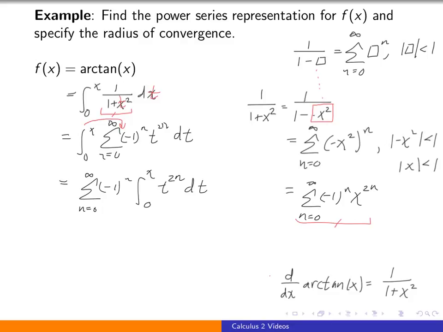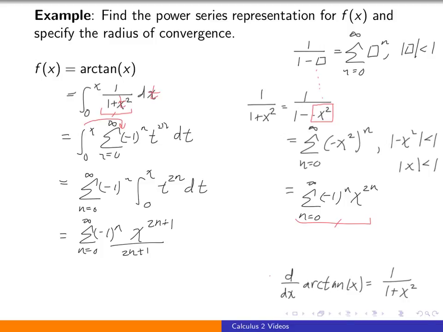Well, when we anti-differentiate t to the 2n, that would give us 1 over 2n plus 1 t to the 2n plus 1. You plug in x, minus plug in 0, but when you plug in 0, you're always going to get back 0 for t to a power. So this is x to the 2n plus 1, and this is all over 2n plus 1.